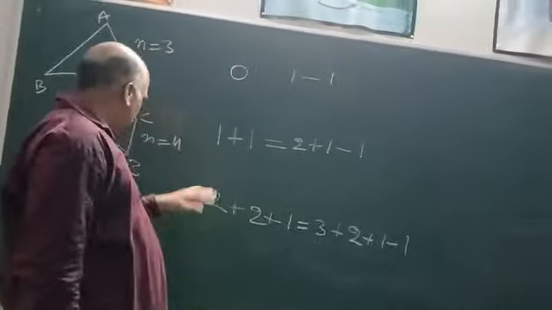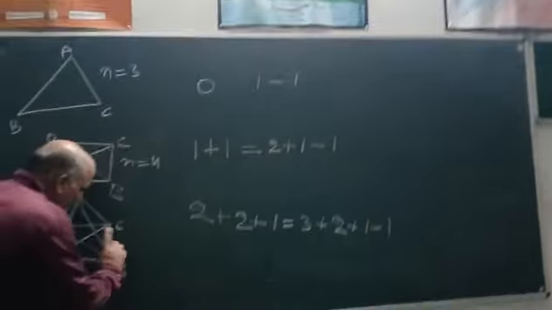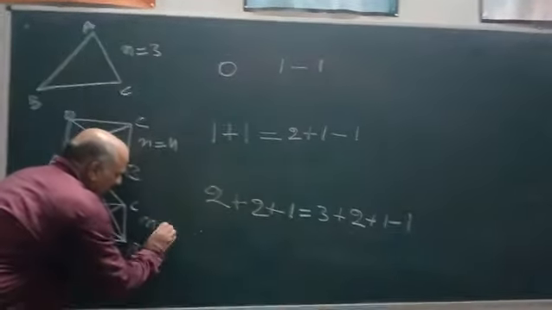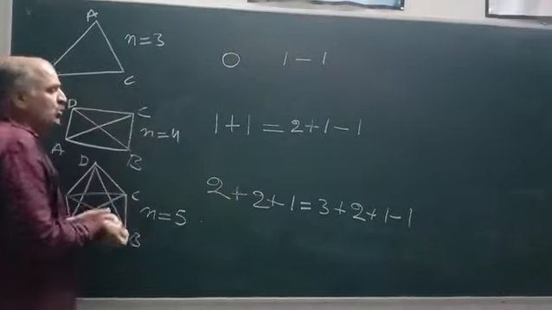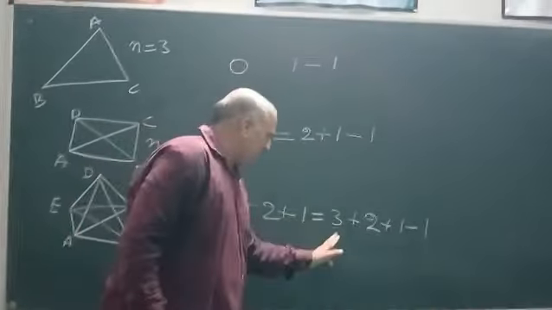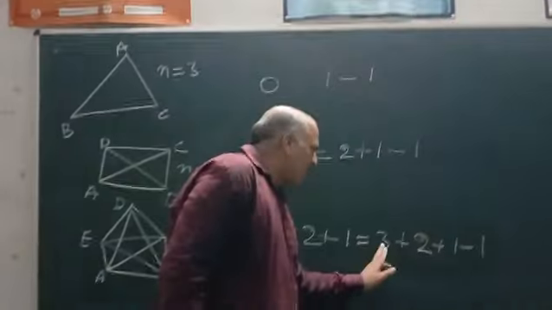Similarly for a pentagon, n is equal to 5, so this series is starting from 2 less than 5.